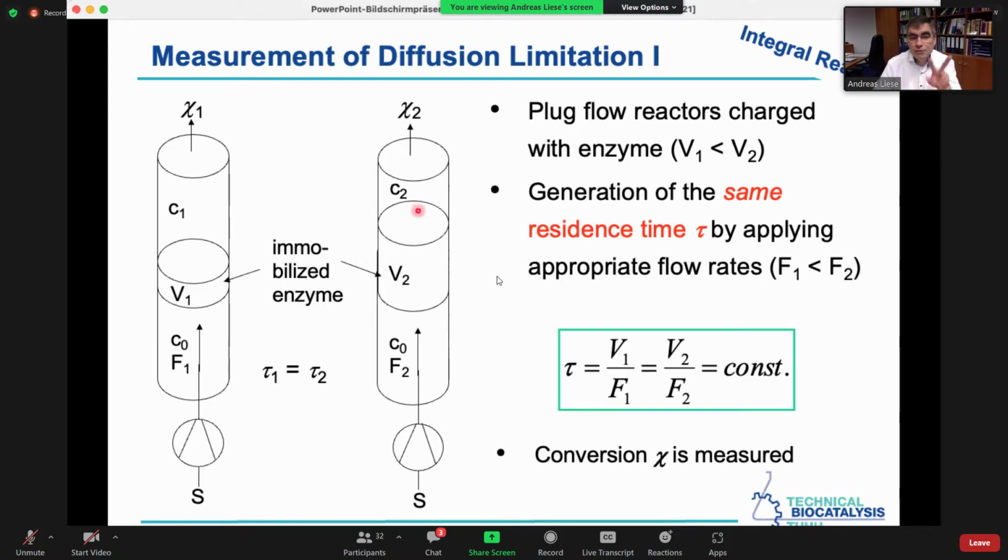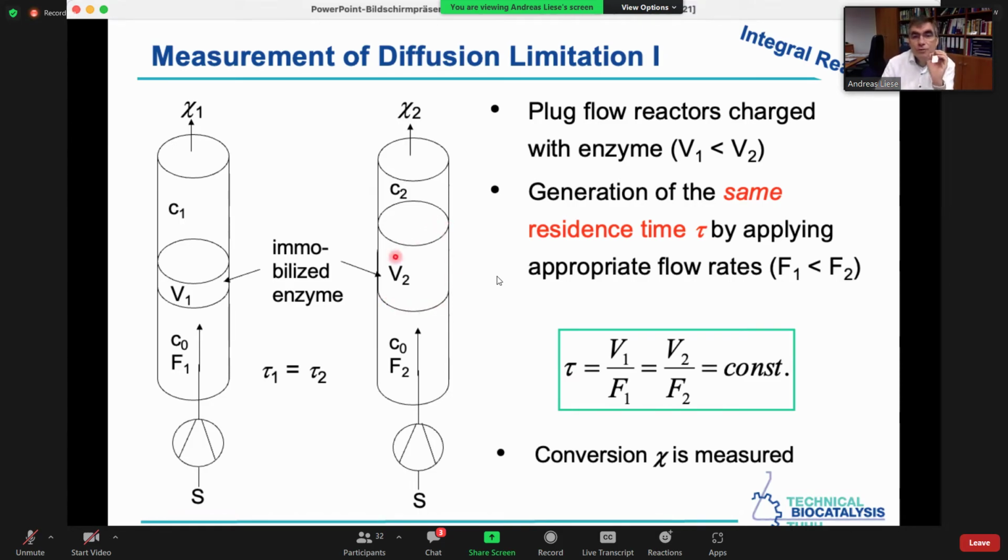The difference of these two packed bed reactors is the bed volume. On the left side, we have a very small volume V1 of packed bed, let's say it's 2 centimeter high. And on the right side, we have a big volume of packed bed immobilized catalyst. Let's say it's 4 centimeters, so double size.